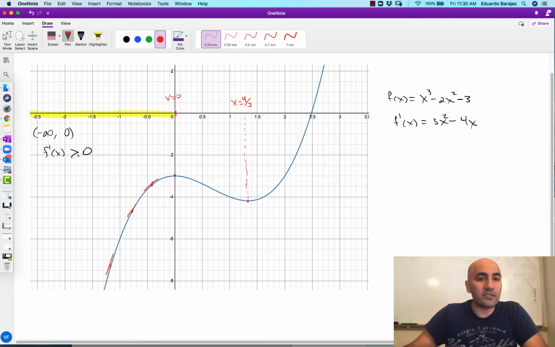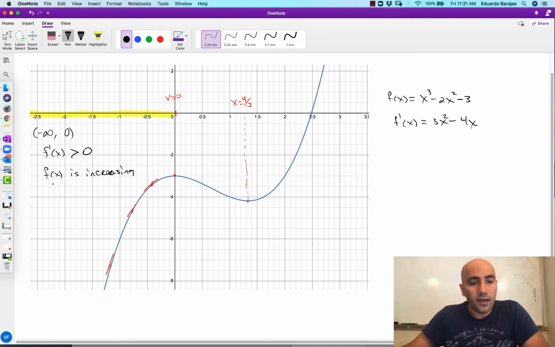So f prime of x is positive in this interval from negative infinity to 0. We also know, as a consequence, that the original function is increasing. As we can see, the function is on its way up. Notice that in this particular case, the function is always negative, but it's increasing. Good. So the derivative is positive. The underlying function happens to be negative here, but the function f of x is increasing on this interval.